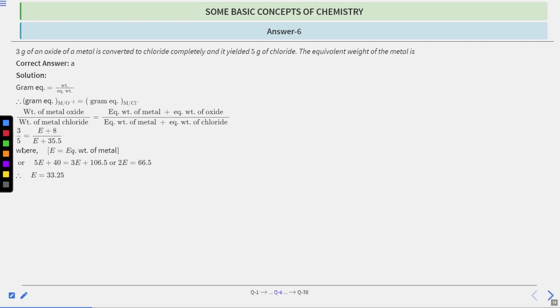So 3 by 5, which is given, equals, let's suppose equivalent weight of metal will be E, so E plus 8 over E plus 35.5. On solving this equation, we get our E value, that is 33.25. So option A will be correct.